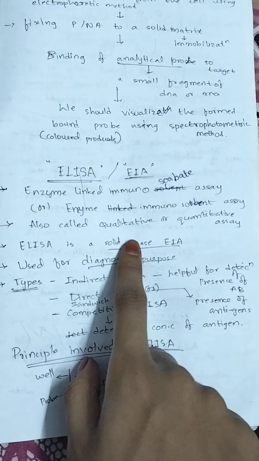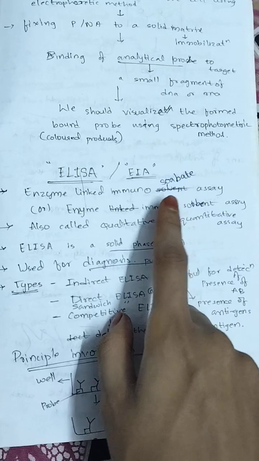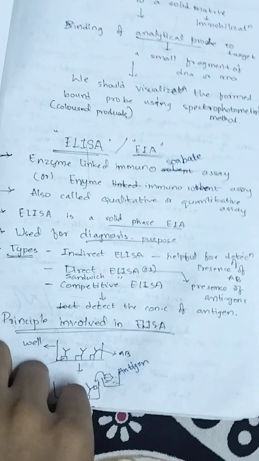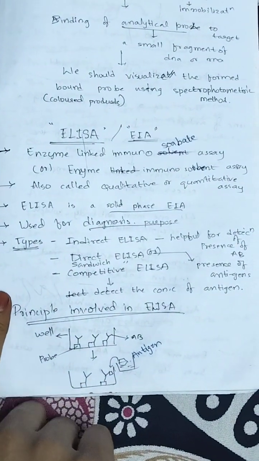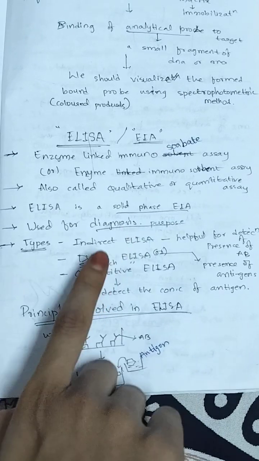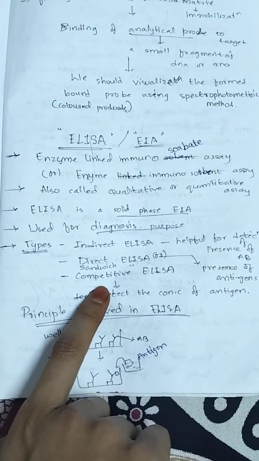ELISA is a solid phase EIA. So, solid phase EIA is known as ELISA. Mostly we use ELISA for diagnostic purposes. There are 3 different types of ELISA: indirect ELISA, direct ELISA, and competitive ELISA.